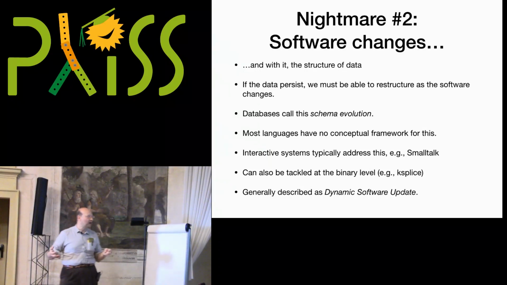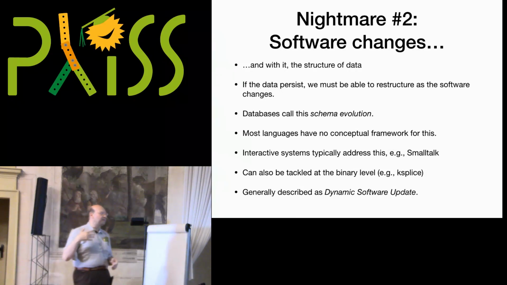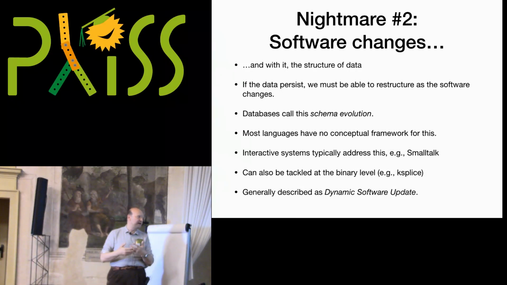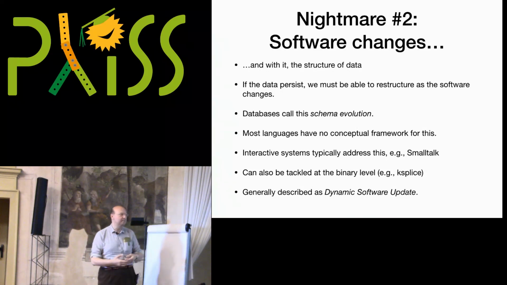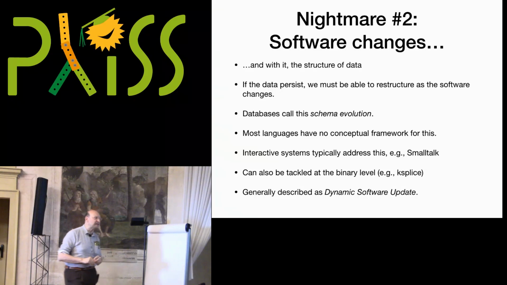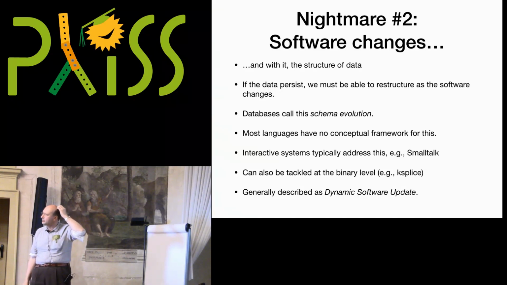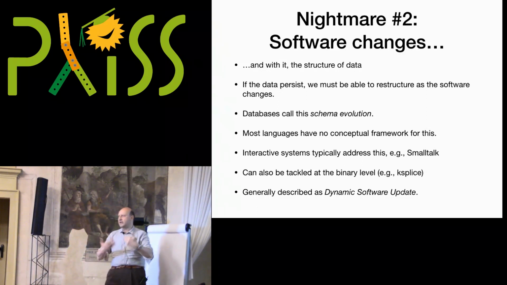Most languages think of a program as a thing in and of itself. It's not a thing in time, it's just a thing. All of the data that programs operate on are created and managed within the execution of the program. There are a few exceptions to that. Typically interactive systems from the Lisp heritage tend to have ways of saving the working state and restoring it when you start.